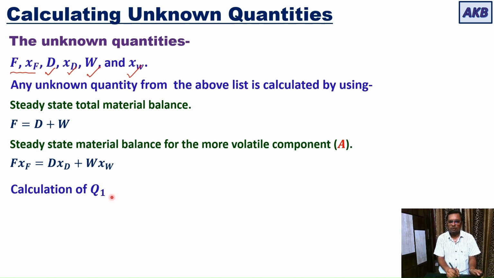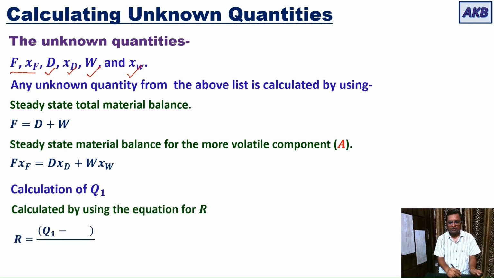Then we also need to find Q1. What is Q1? You can refer to my previous video on this. Q1 is the net heat removed at the top per mole of the top product. I write the formula, and how that will be used. How are you going to get Q1?